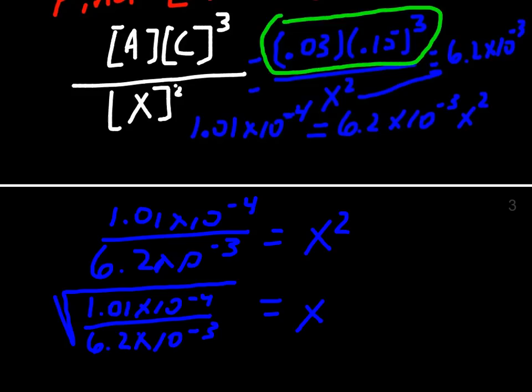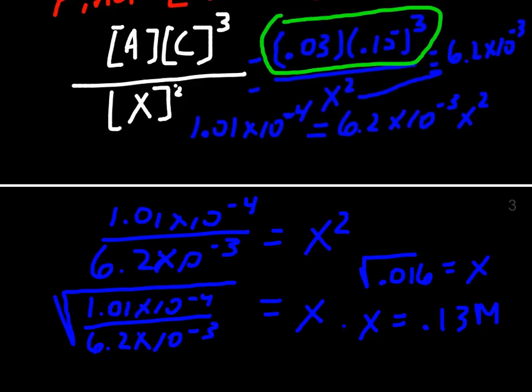Alright, so I'm moving pretty fast, but anyway, so I'm going to go 1.01 times 10 to the negative fourth divided by 6.2 to the negative third, and I get the square root of 0.016 equaling x, and then take the square root of that. So the concentration of x is going to be 0.13 molar.